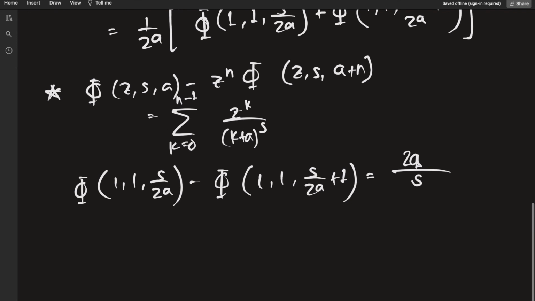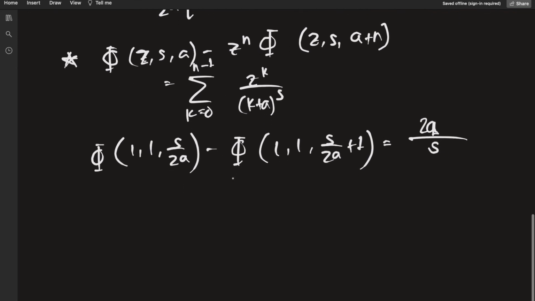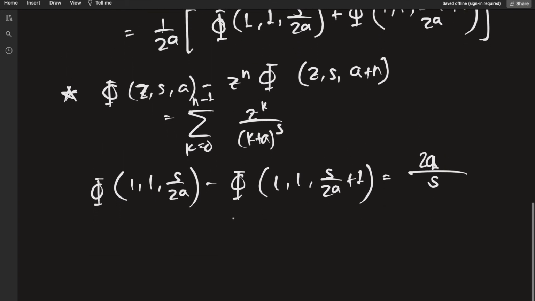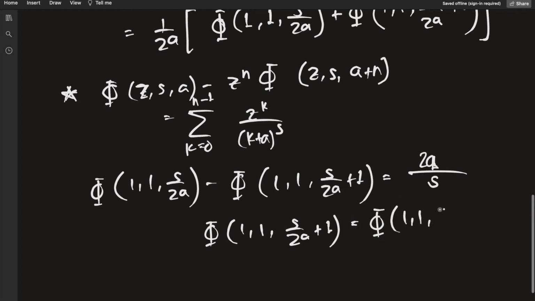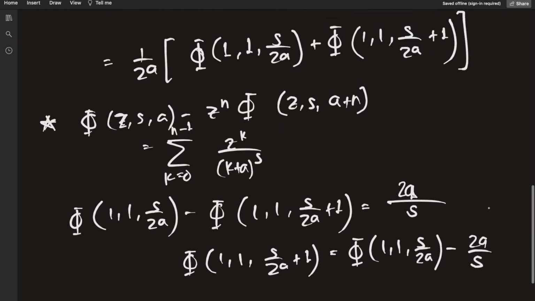I'm hoping I don't make any silly mistakes here, guys. So it means we have the second term, Lerch transcendent of 1, s over 2a plus 1, as the Lerch transcendent of the first, minus 2a over s factor. We can just substitute that in.